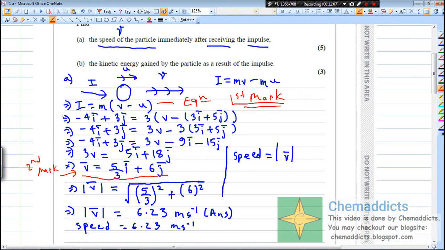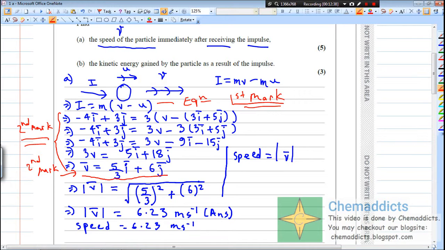In other words, for the procedure we will get the second mark. Doing this math in the correct order will give us the second mark. So the second mark is for the correct method. If we do this in the correct method, then we are able to get the second mark.